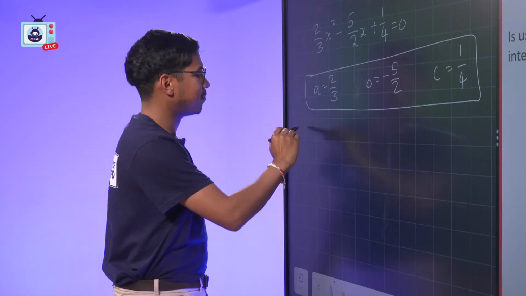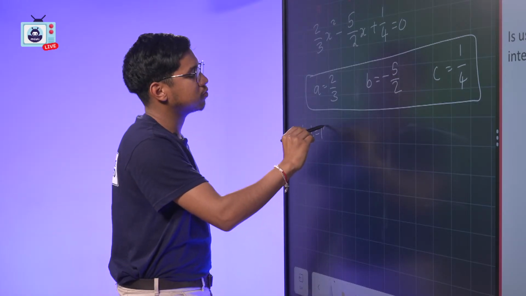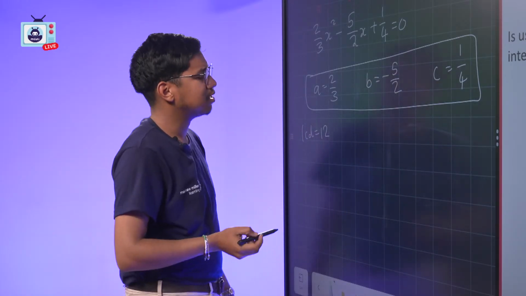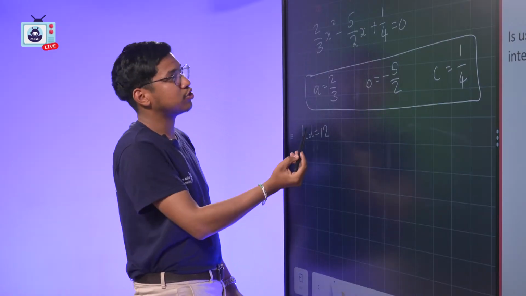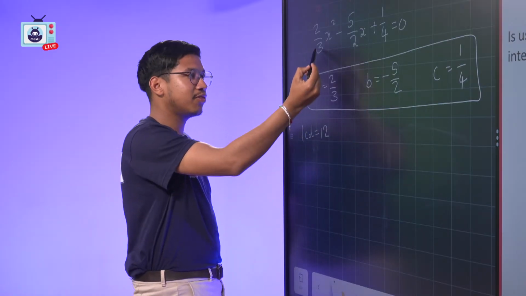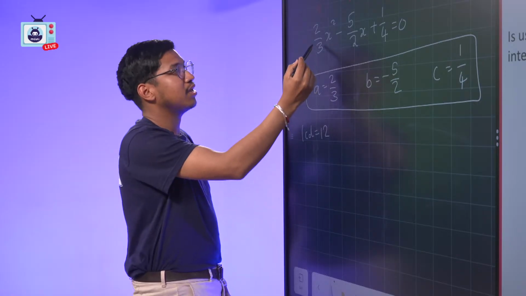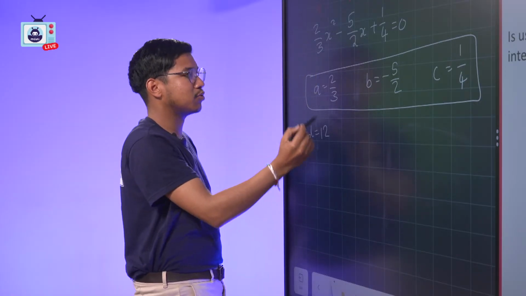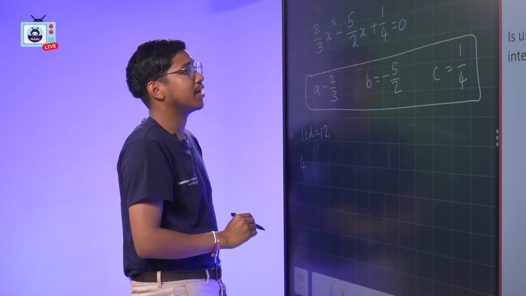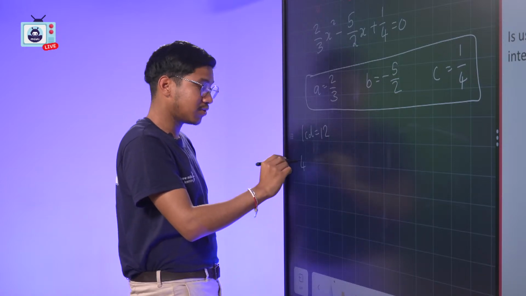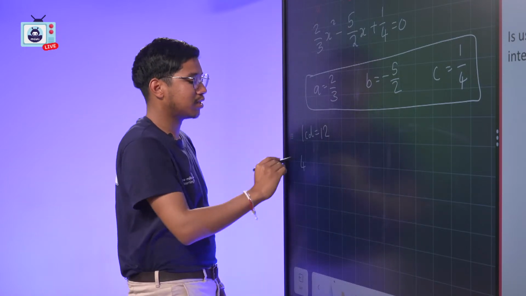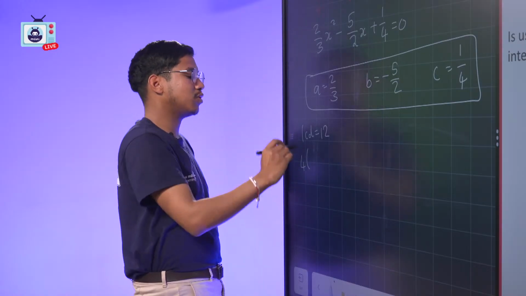And how does it work? If my LCD is equal to 12, there are many ways I can do it, but a very easy method to use is this: 12 divided by 3 is 4, and then that answer 4, I multiply by the numerator, which is 2 for x squared.